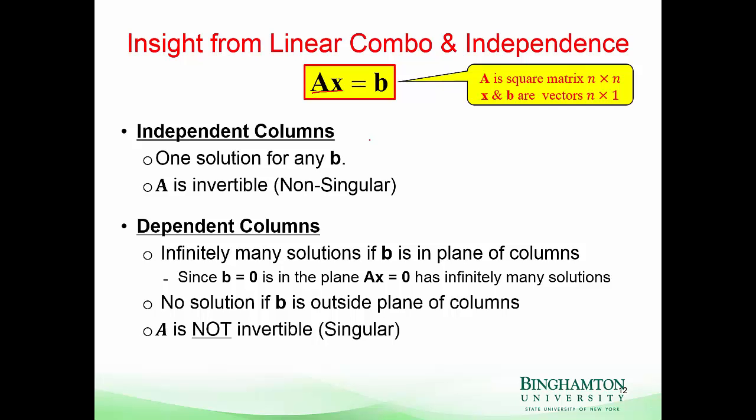If A has dependent columns, then there will be infinitely many solutions for any B that lies in the plane of the columns. In particular, since B equal to 0 must lie in that plane, AX equals 0 has infinitely many solutions. Now, if you move B outside of the plane, there is no solution. In this case, when we have dependent columns, A is not invertible.